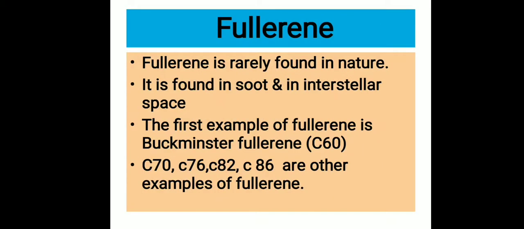Now, the third crystalline form of carbon is fullerene. Fullerene is very rarely found in nature. It is found in soot and interstellar space. Soot means a deep black, powdery or flaky substance consisting largely of amorphous carbon produced by incomplete burning of organic matter.